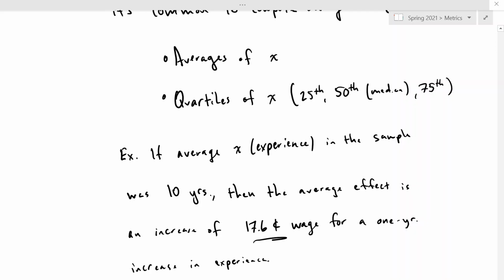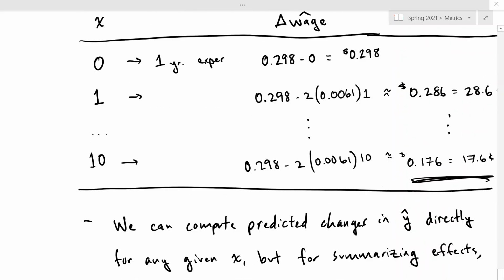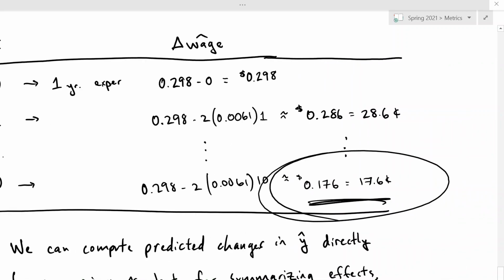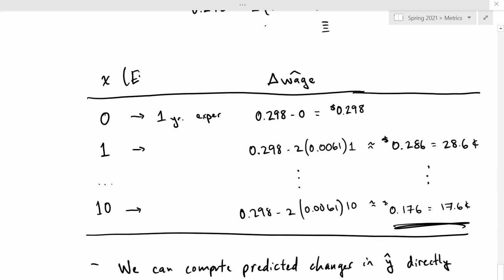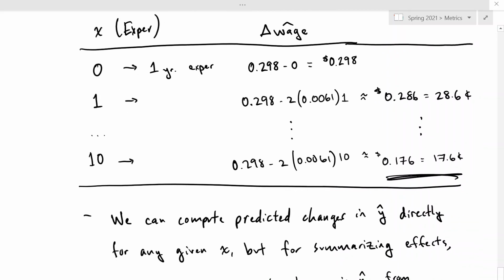And that 17.6 cents comes from here. So if 10 was the average years of experience, then the average effect of experience on wage is 17.6 cents.